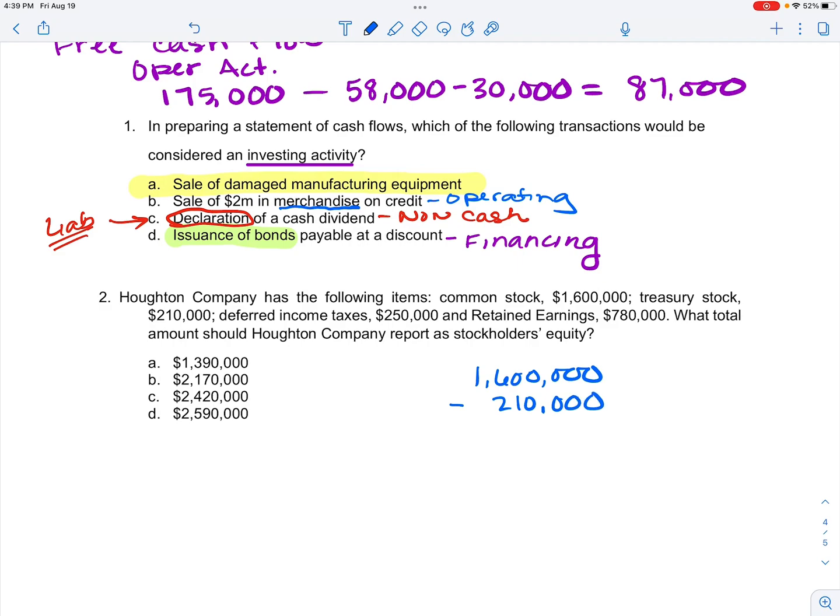We know treasury stock is going to decrease my equity. Again, they're going to give you more information than you need to know because they want to know if you understand not to include it. Income taxes is not going to go into my stockholders' equity, but retained earnings would. So if I add that all together, it should come to 2170. And that should be your answer.